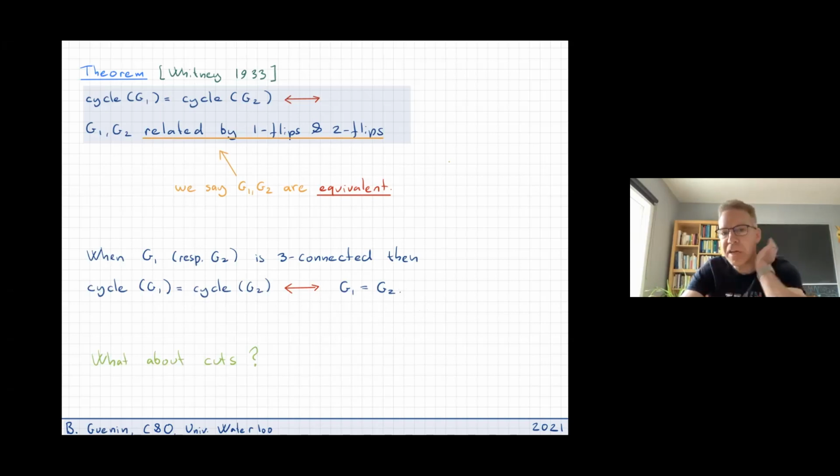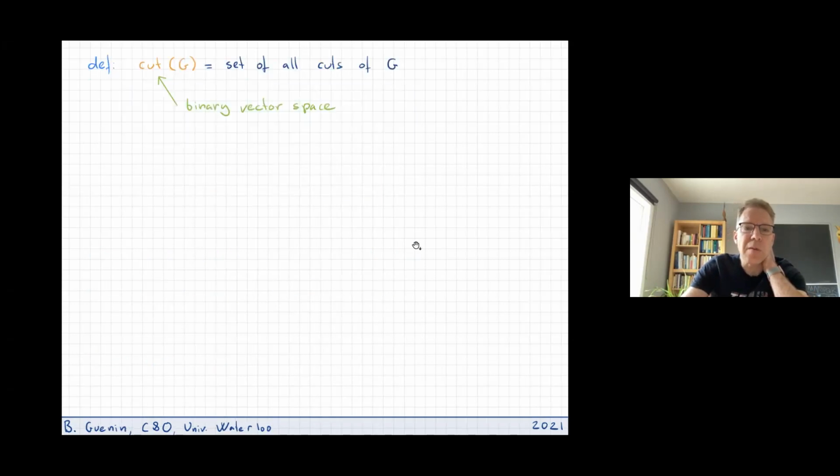We had a statement in terms of cycles. Of course, I can have a statement in terms of cuts, which will prove useful later on. I'm going to use the following notation: cut G is the set of all cuts of a graph G, and again, it's a binary vector space. I could ask, when is it that two graphs have the same cuts?